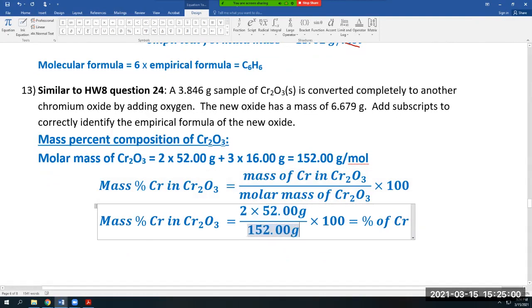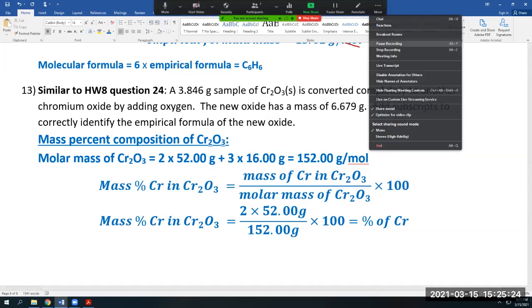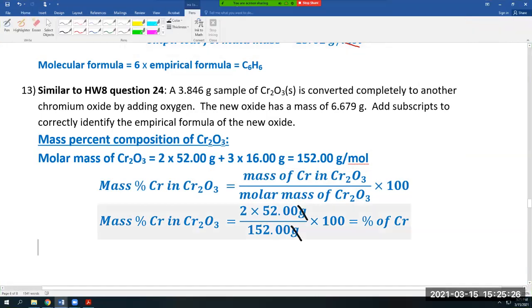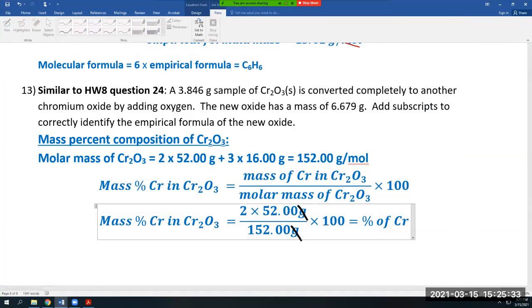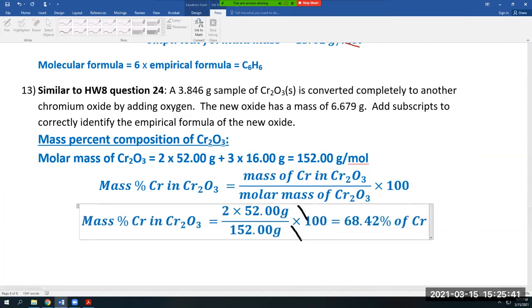The grams cancel here. And we multiply by 100. So let's show how the mass cancels. So in the calculator, you do 2 times 52 divided by 152 times 100 equals 68.42, and there is a 1 after that.